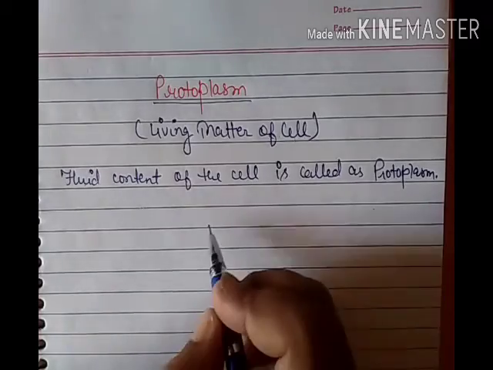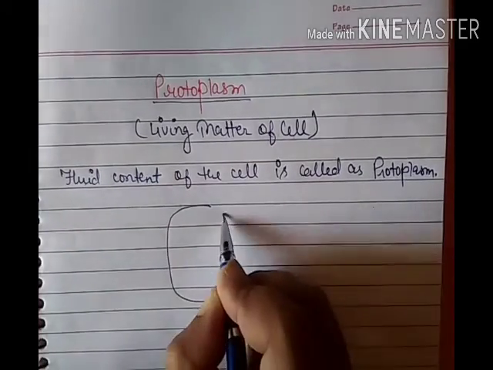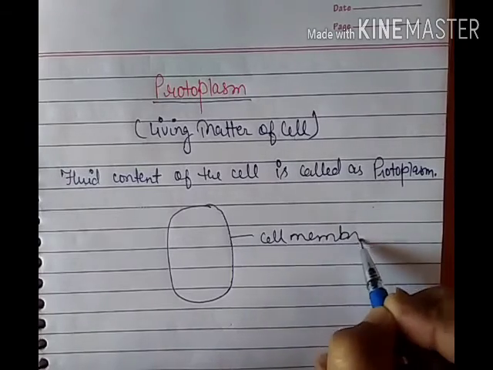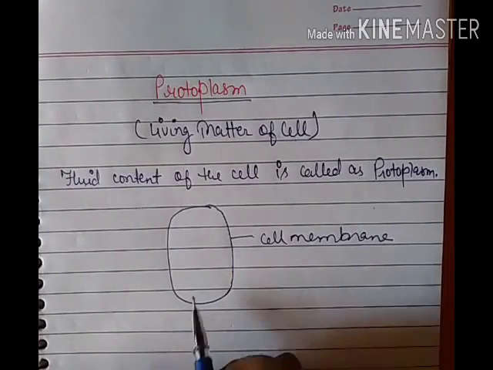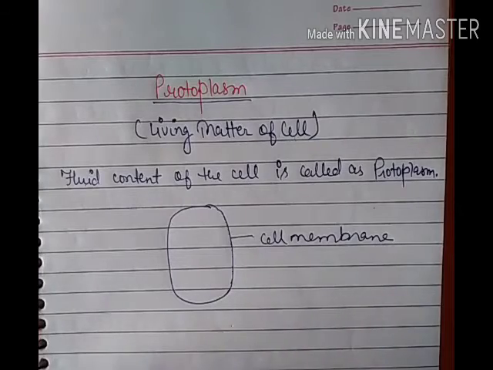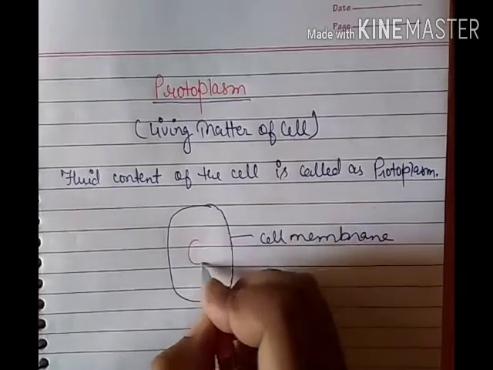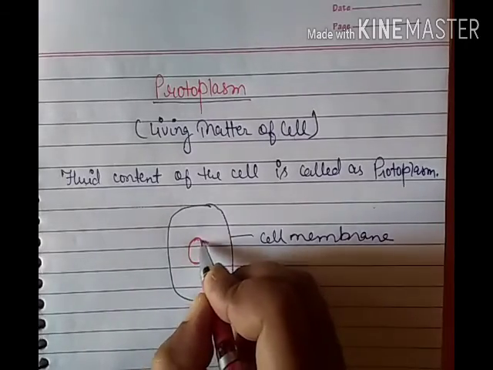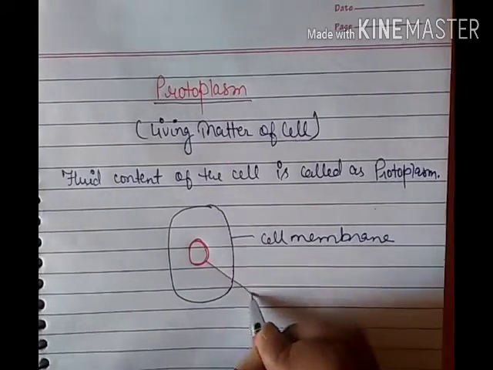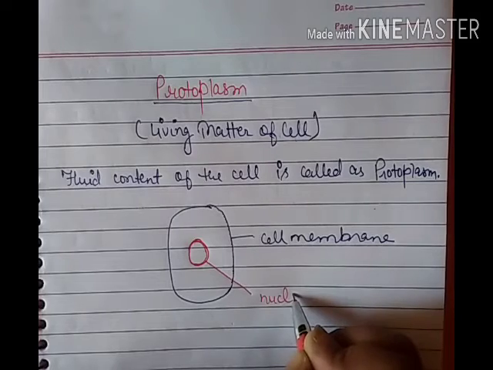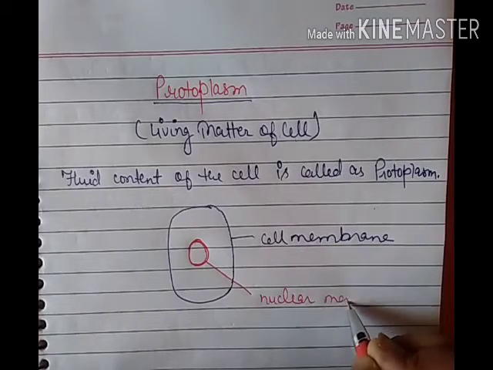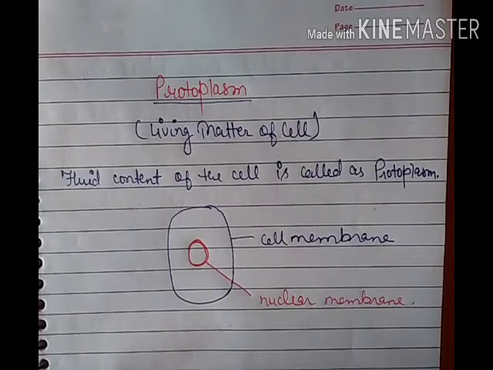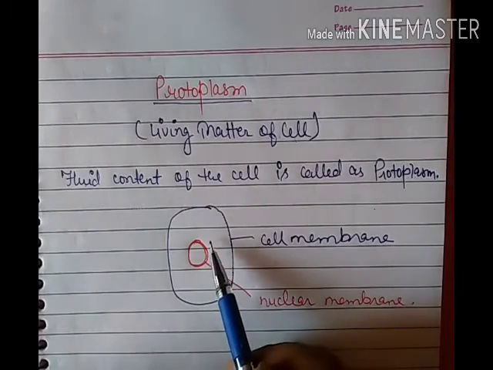You know that a cell has a boundary which is known as the cell membrane, and inside the cell there is a cell organelle known as the nucleus, and this nucleus also has a membrane, a boundary, which is called the nuclear membrane.